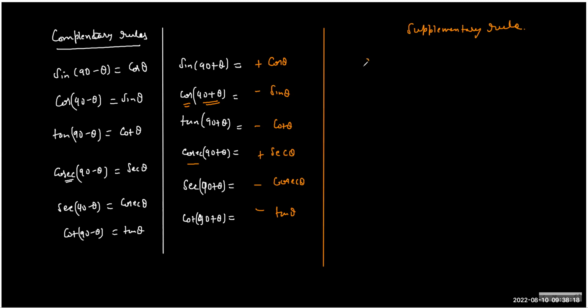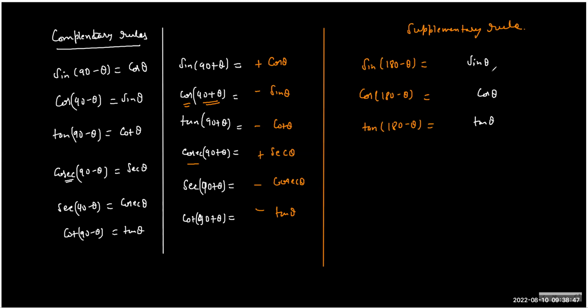In the supplementary rule, we use 180 minus theta. And the best thing about the supplementary rule is the sine remains sine, the cos remains cos, and the tan remains tan.